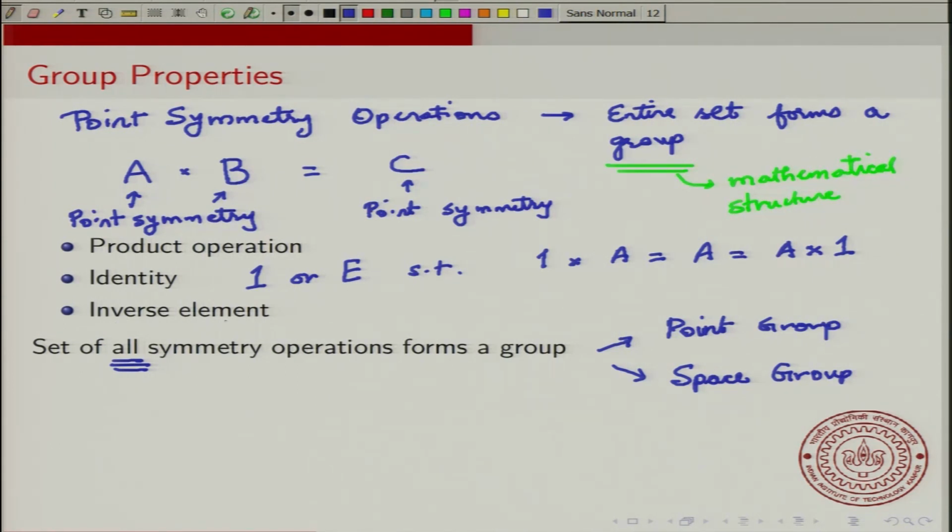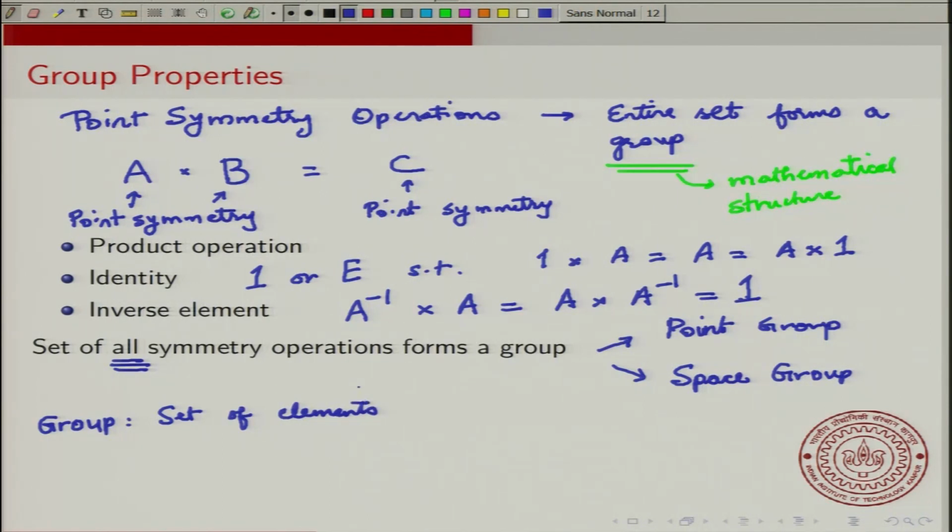Similarly there should be an inverse element. Suppose you have A, then you should have A inverse such that A inverse times A equals A times A inverse equals the identity. So, the group consists of a set of elements, and these elements are your symmetry operations.